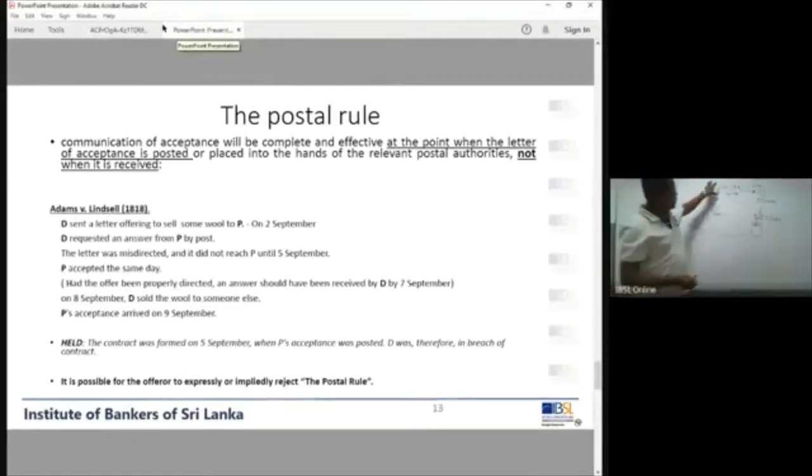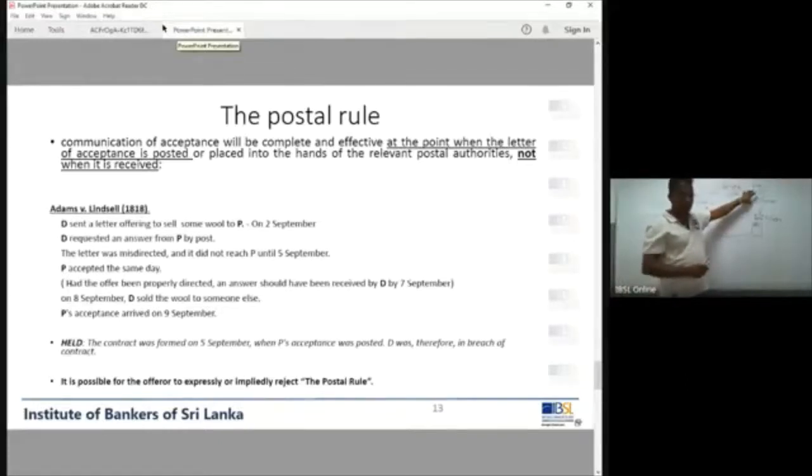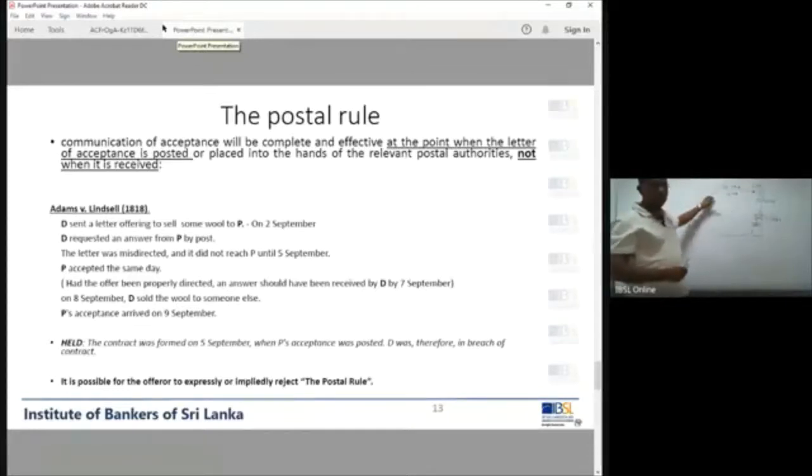On the 2nd of September, he posted the letter. And under normal circumstances, within 2 days, it has to go to P, that is 4th of September. If on 4th of September the offeree accepts it, by 7th maximum, it should come to D. Now D waited but didn't receive an acceptance by 7th.